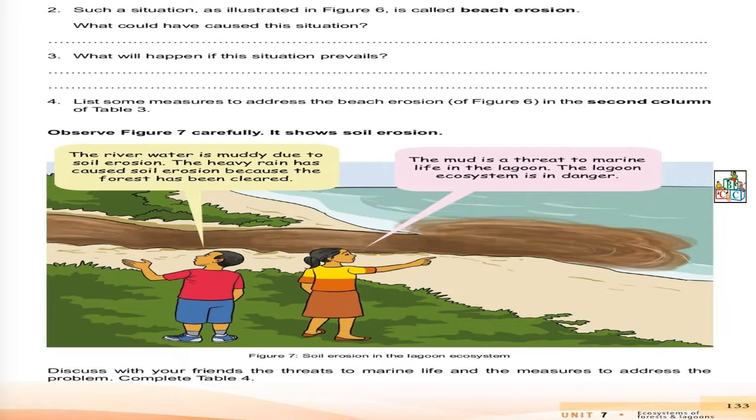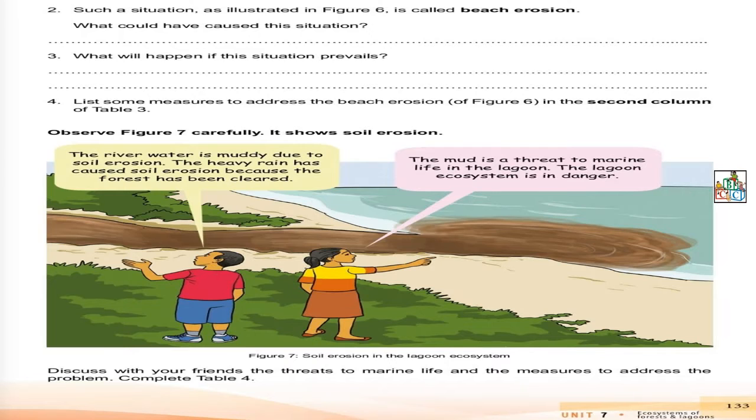Now in the figure you can see the mud going into the sea, mixing with the water. The sea is going to be dirty now. The river water is muddy due to soil erosion. The heavy rain has caused soil erosion because the forest has been cleared. So you see, when there is soil erosion, what happens?